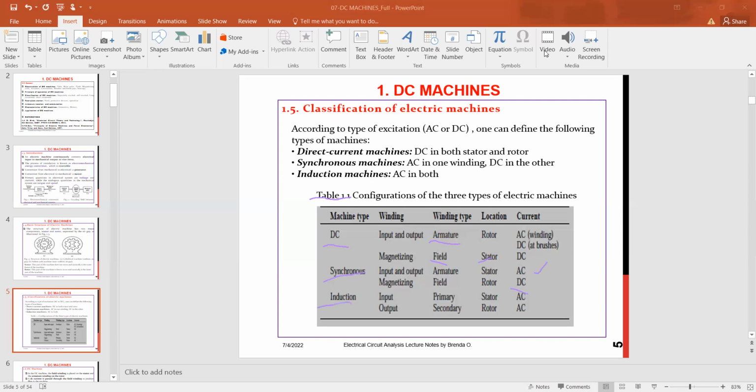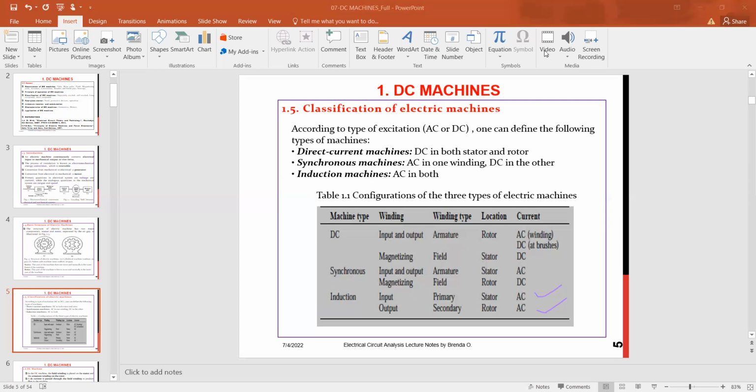Moving to the next classification, induction machines, the winding type is either primary or secondary. The primary is in the stator and the secondary is in the rotor, and the current in both is AC.